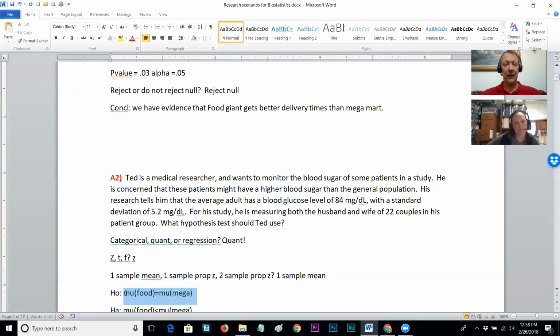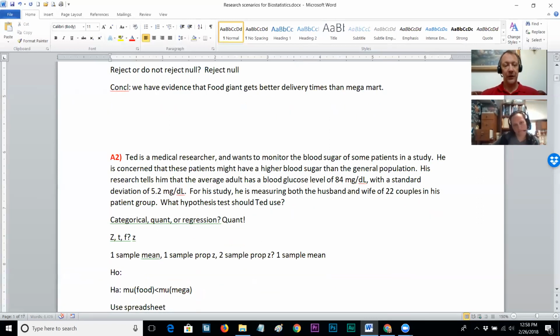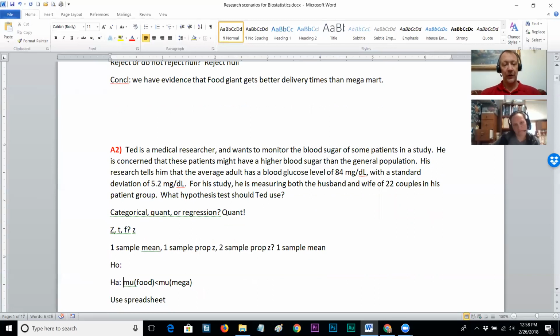All right, so now the question is, what is the null and the alternative hypothesis? Well, mu would be equal to 84. Okay.